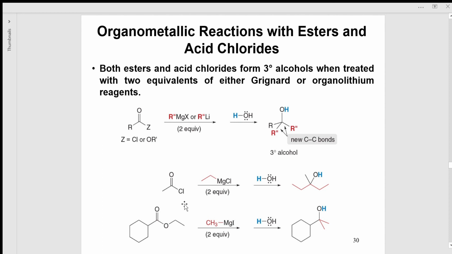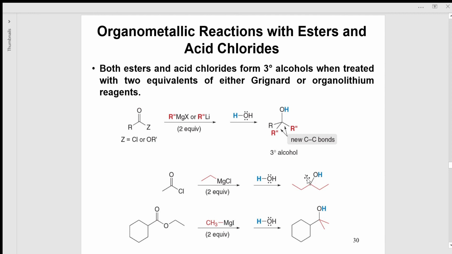Two quick examples. This acid chloride reacts with 2 molar magnesium reagent to form an oxygen anion here, then protonation forms the alcohol. You see, 2 molar organo part from this magnesium reagent, plus the alcohol product is formed.